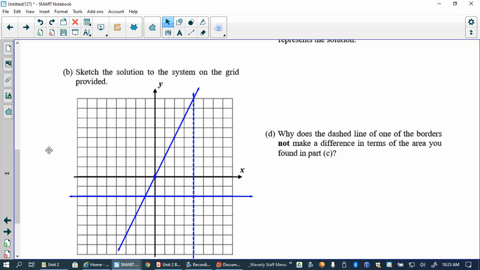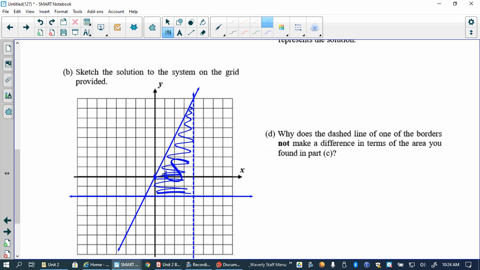So this one would be shaded to the left, this one's below, and this one's above. So isn't this going to be our solution set? All the way down here, right? Or feasible region. Okay? And again, I like to hold off on my shading till I can figure out where it's all going to be. You don't have to. If you want to shade as you do each one, just go back and make crystal clear what the overlap region is, okay?